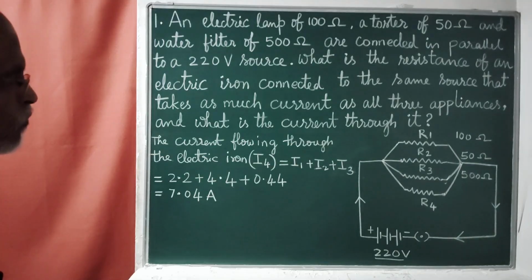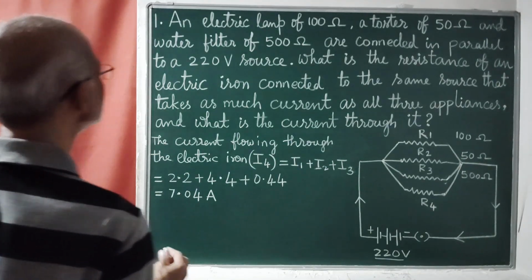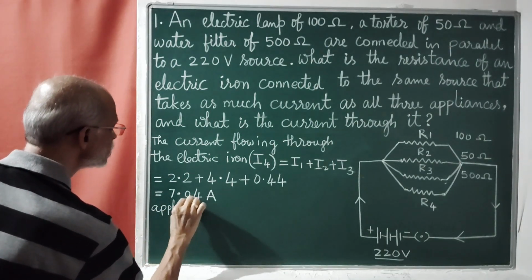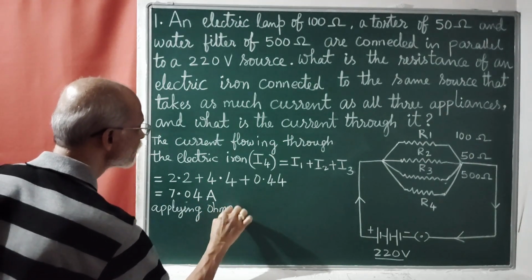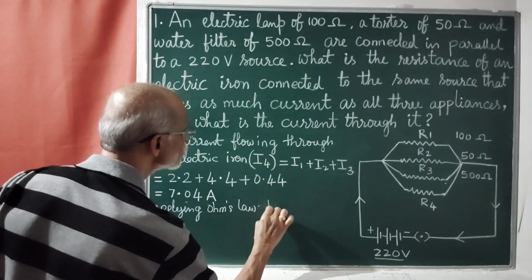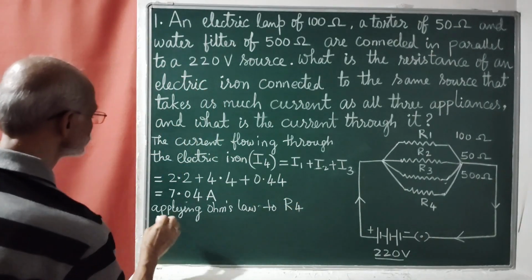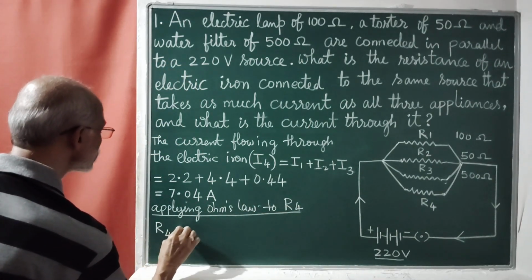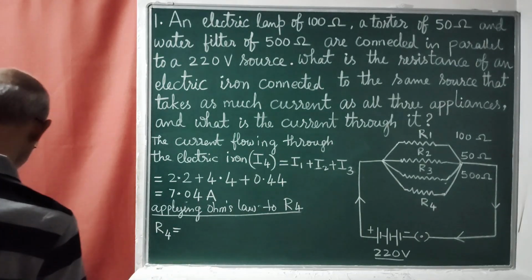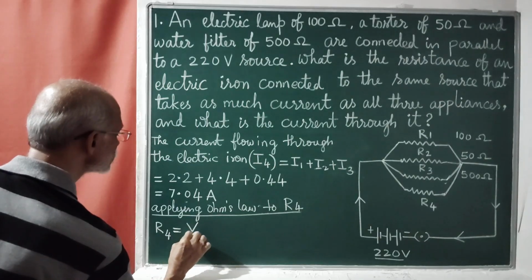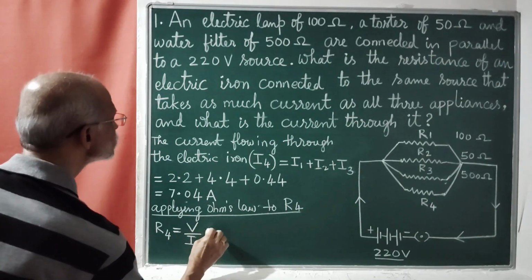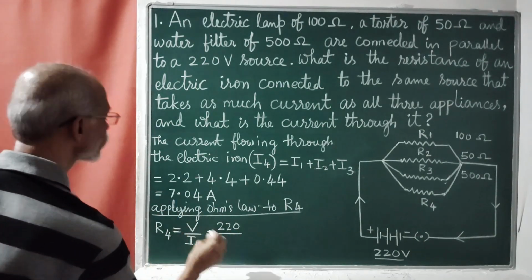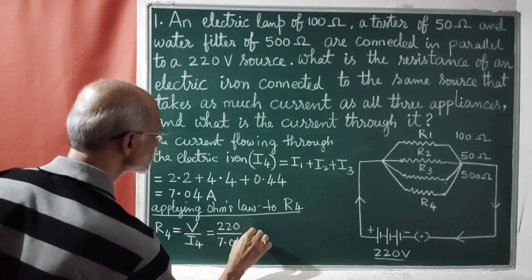Now we have to calculate the value of R4. Applying Ohm's law to R4, R4 is equal to V by I4. So R4 is equal to 220 divided by 7.04.